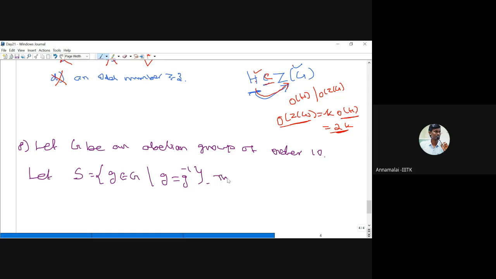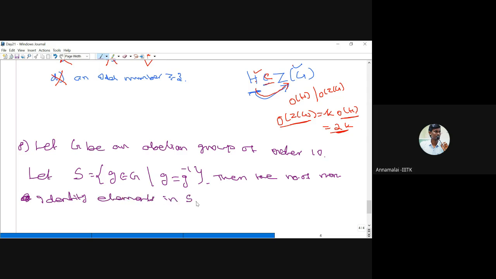Then find the number of non-identity elements in S, because the identity element always satisfies e equal to e inverse. S contains the identity element, but except the identity element, what is the number of other elements?